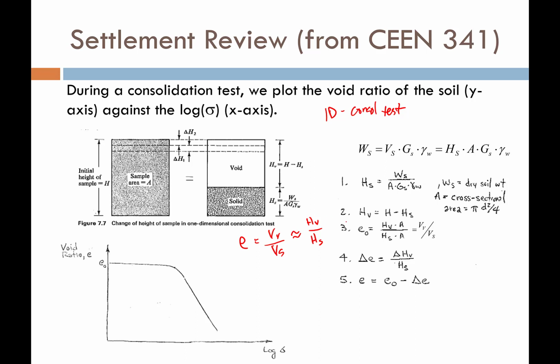Now, as we plot this void ratio against the load that we're applying, if we plot that load on a log scale, we get a curve that looks like this, where we get a very gradual change in void ratio at lower stresses, but eventually we reach a point where that change in void ratio accelerates, and now we have a much steeper rate of change of void ratio with change of stress.